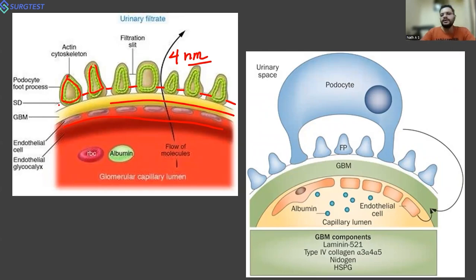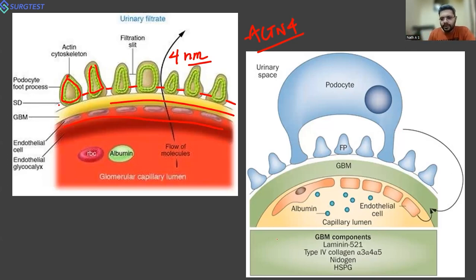So when your actin cytoskeleton is getting affected due to so many mutations, for example, ACTN4 is a cause of nephrotic syndrome, FSGS. Actinin, so it affects the actin cytoskeleton. So the podocyte is not strong enough, the scaffold is not strong. So it causes the effacement of the foot process and leakage of protein.